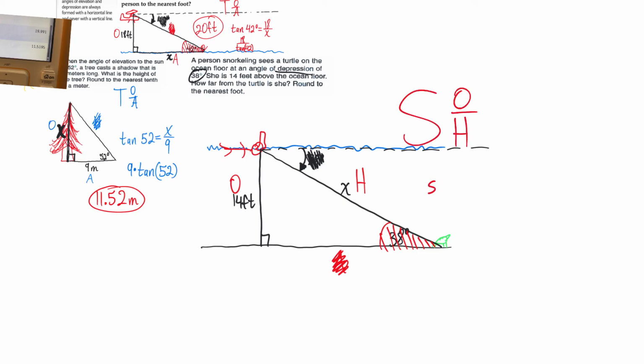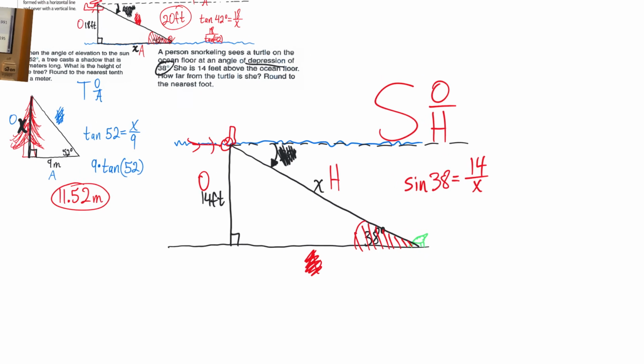So, sine. So we got sine of 38 equals O 14 over H X. X is on bottom. What are we going to do? Divide.